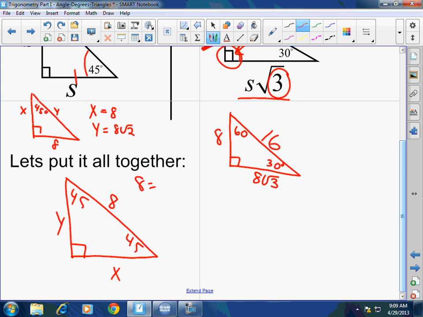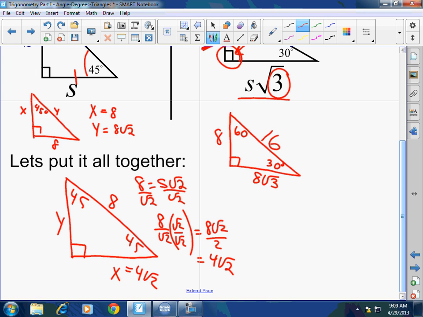Doesn't 8 equal the side times the square root of 2? Well, guys, divide by the square root of 2. You know how to rationalize already. Multiply radical 2 to both top and bottom. So that's going to be 8 square root of 2 over 2, which is 4 square root of 2. So x equals 4 square root of 2, and y equals 4 square root of 2.